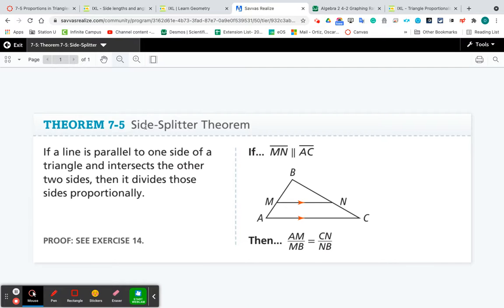It's called the side splitter theorem. So that's exactly what we did in example 1. We know that these two segments here, BM and MA, are always going to be proportional to BN and NC. And that is, of course, provided that the line segment MN is parallel to one of the sides of the triangle.